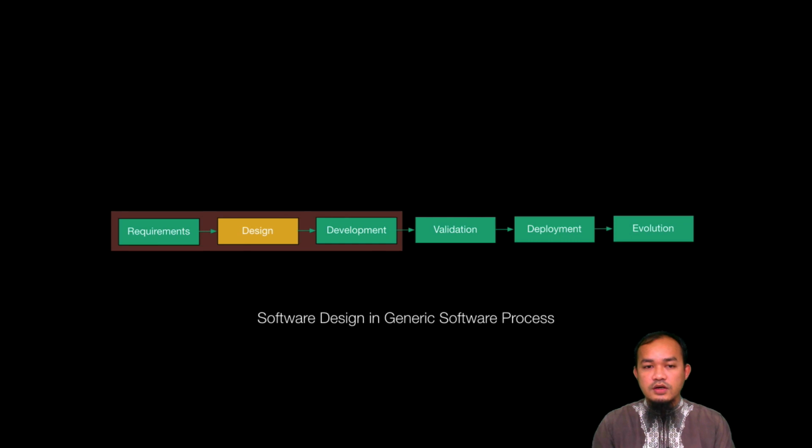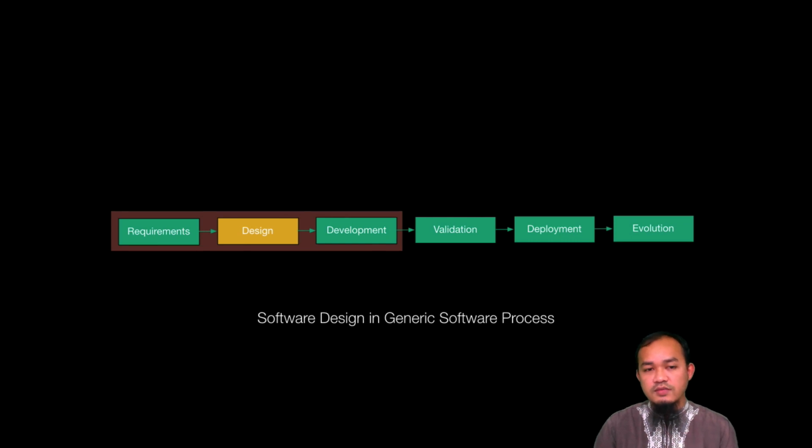If we look at design in the software process, design is between software requirement and software development. So it means that we have to understand the requirement: how to get the requirement, how to write and document the requirement, and then we will have the requirement analysis that we will represent in terms of some kind of model such as a use case diagram.